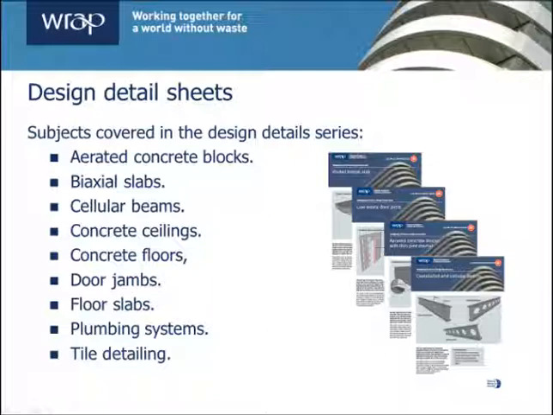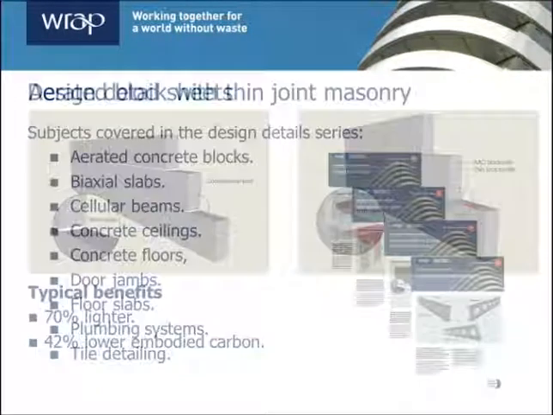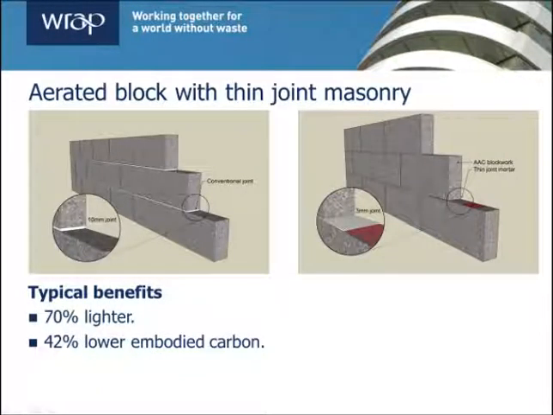RAP has also produced an evidence-based report to accompany each of the design detail sheets. The design detail sheet for aerated blocks with thin joint masonry highlights the varied benefits of this type of system. Being 70% lighter than conventional concrete blocks, they are easier to move around site and quicker to lay.